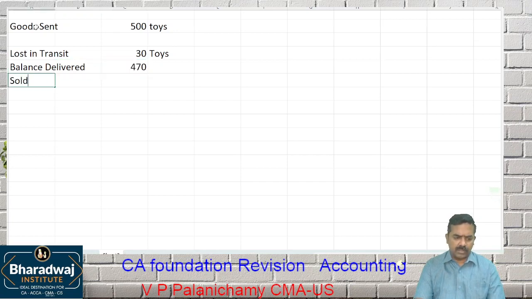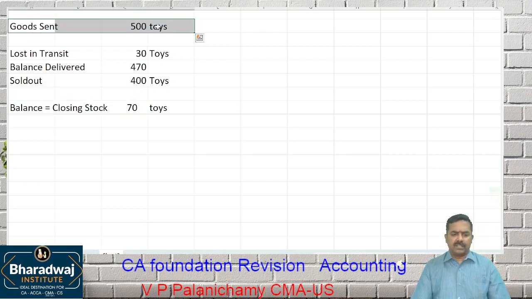How much is sold out? 400 toys sold out. The balance will be closing stock. Is closing stock detail given? Balance is closing stock. What is the closing stock? 70 toys. 70 toys is the closing stock.